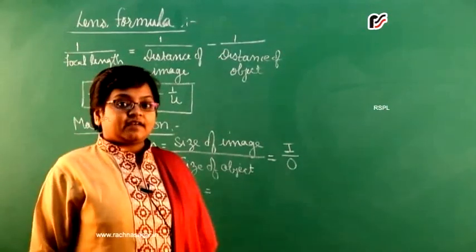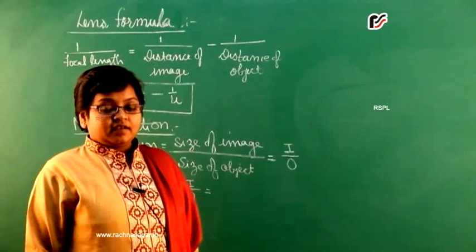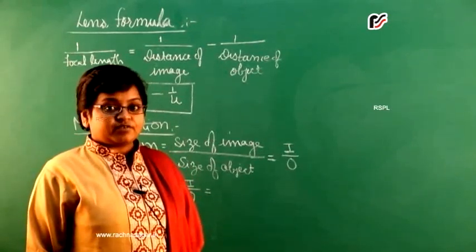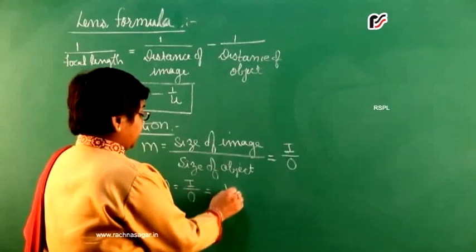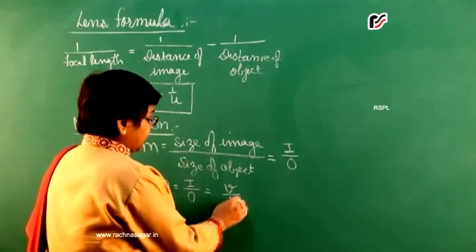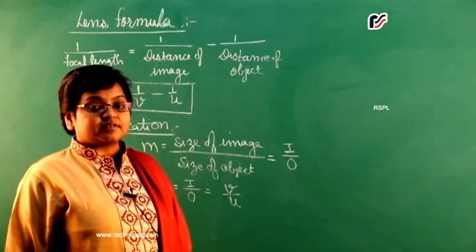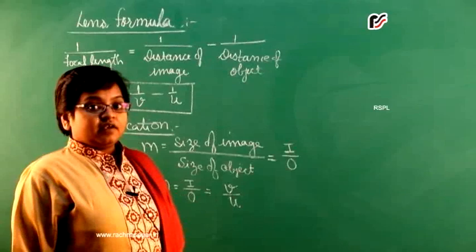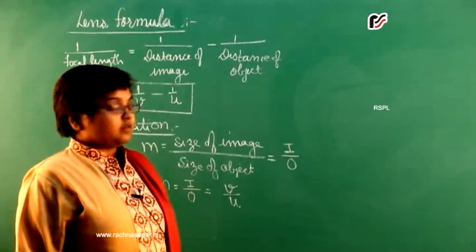From all of the ray diagrams as we discussed earlier, the ratio of size of image to the size of object becomes the distance of image to the distance of object, that is V by U. Now there are 5 cases for the magnification.